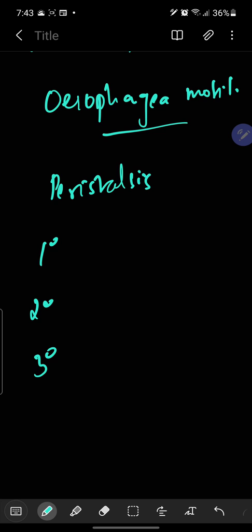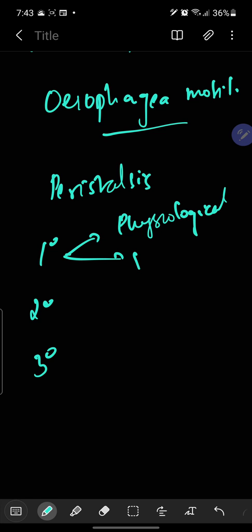Primary peristaltic contraction is the normal physiological one, and it is progressive. It is initiated immediately after swallowing.